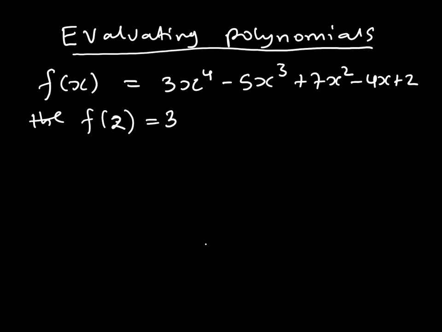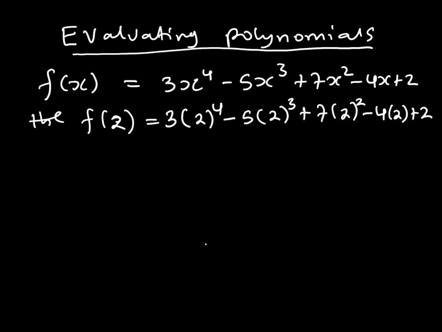So this is 3 times 2 to the 4th power minus 5 times 2 to the 3rd power plus 7 times 2 squared minus 4 times 2 plus 2, okay?